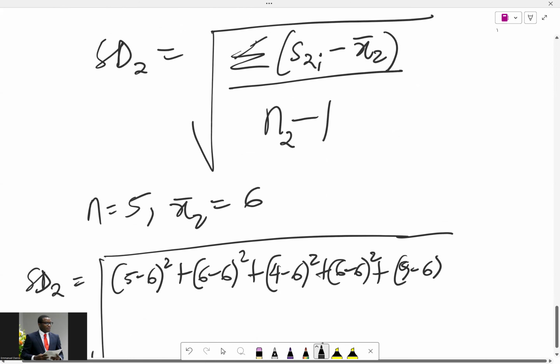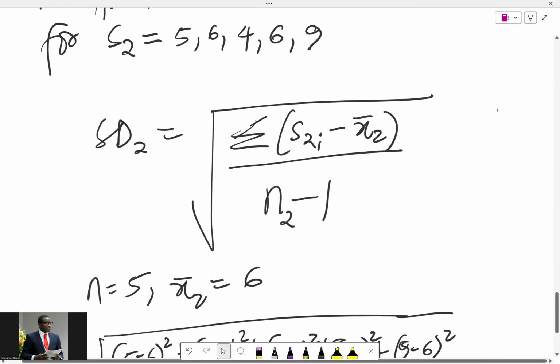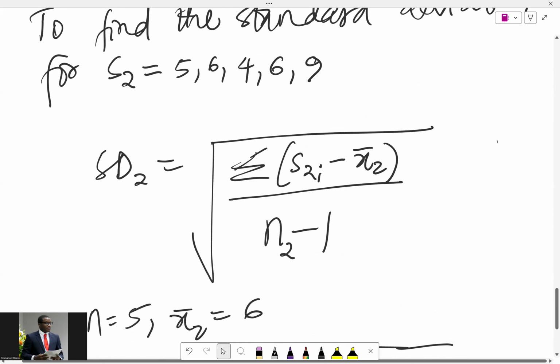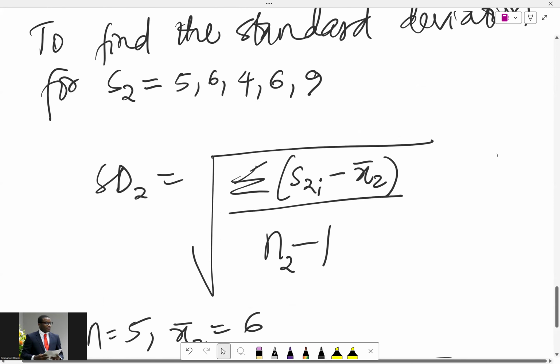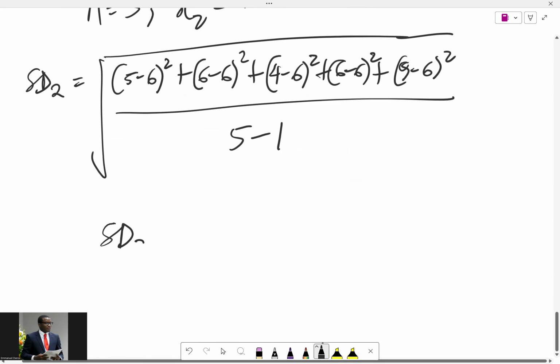This one is more straightforward than the previous one because n is 5, so we have 5 minus 1. So let's check again: 5 minus 6 squared plus 6 minus 6 squared plus 4 minus 6 squared plus 6 minus 6 squared plus 9 minus 6 squared. Without even using a calculator, we can proceed.